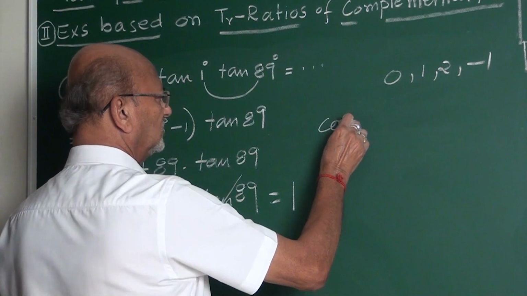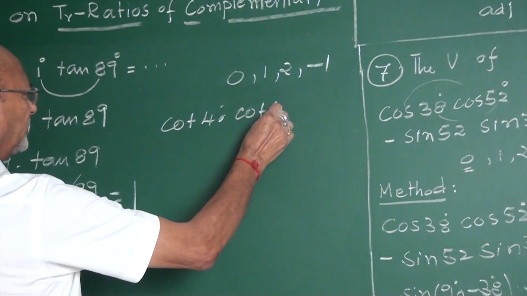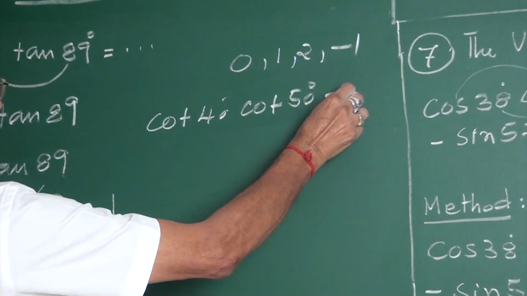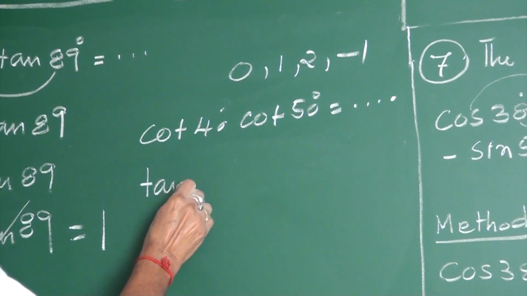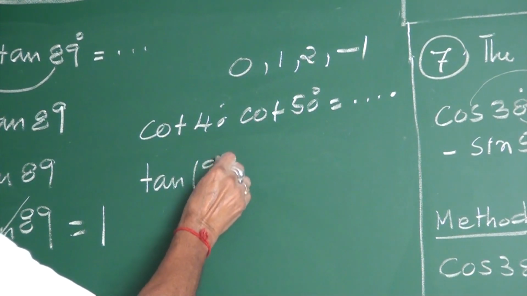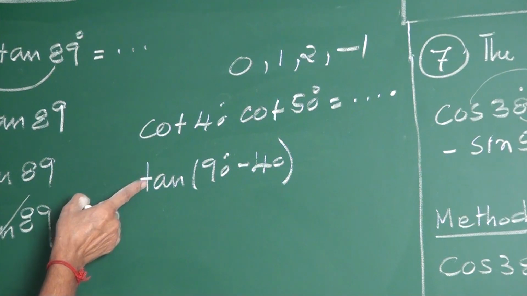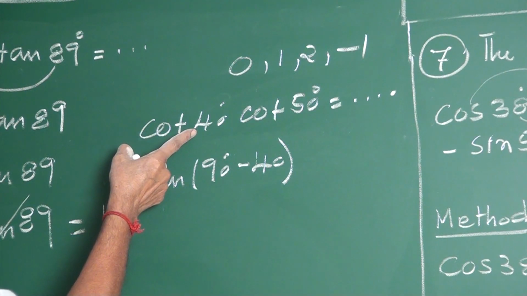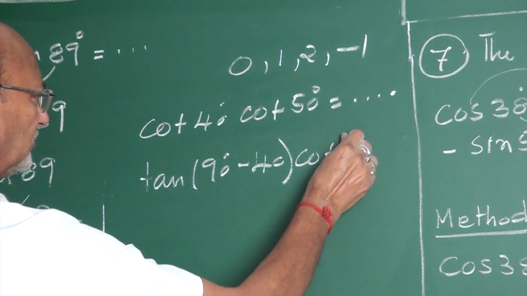This is cot 40 degrees into cot 50 degrees equal to dash. Yes, convert cot to tan. What is it? 90 minus 40. You have changed from cot to tan. Replace your angle by 90 minus the angle. This you keep as it is, 50 degrees.